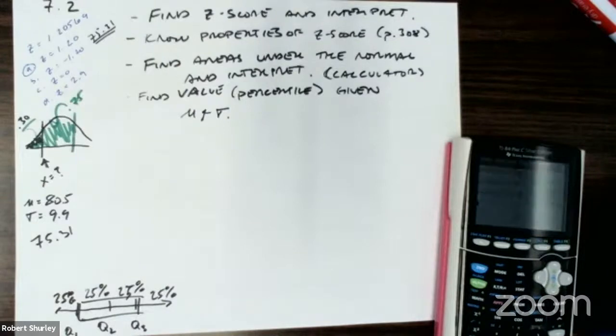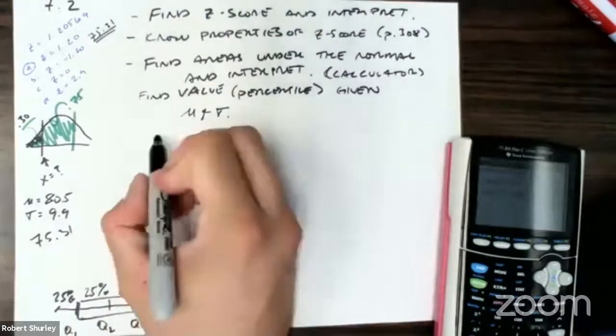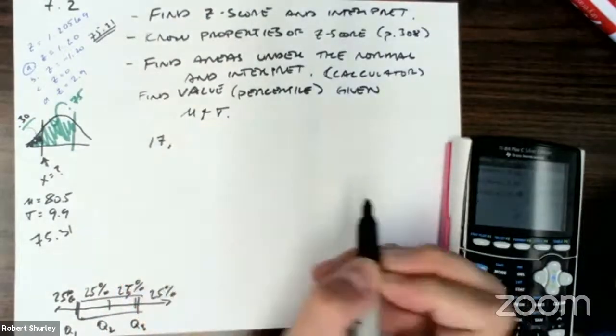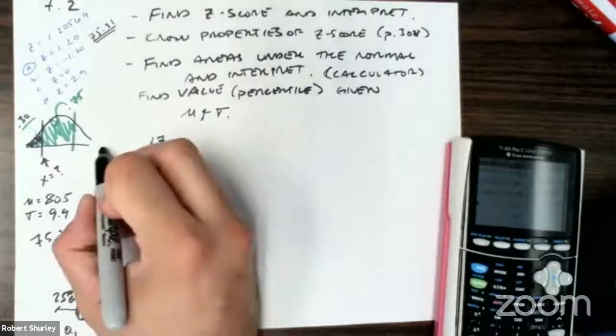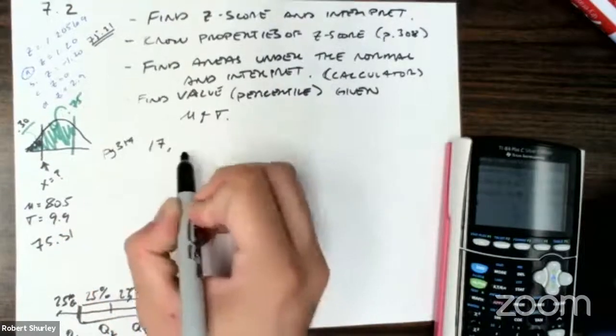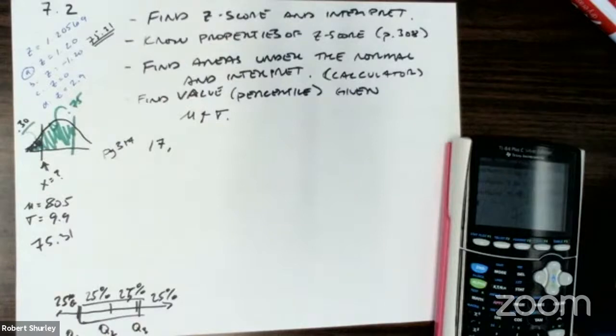I would still look, like those understanding the concept questions are really good in your book. I'm glad you put those in there. Those are good questions. Okay, number 17, on page 317. Number 17 is just a good basic kind of question where we're not dealing with z-scores now, we're dealing with actual scores, right?